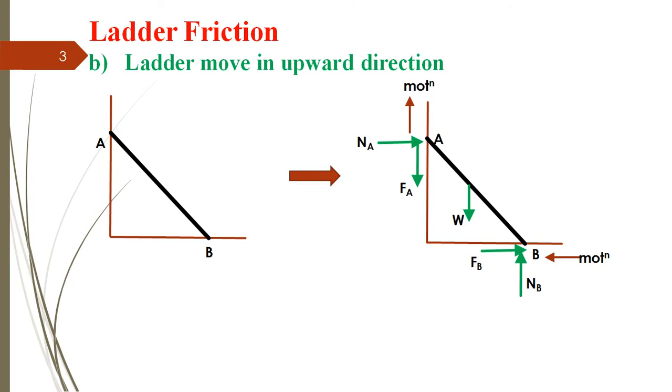In the previous case the ladder was moving towards the right. Here the ladder is moving towards the left. As it is moving towards the left, the friction will be towards the right. As it is moving towards the left, this point A is moving up, so the friction will be in the downward direction. So these two are the cases for ladder friction.